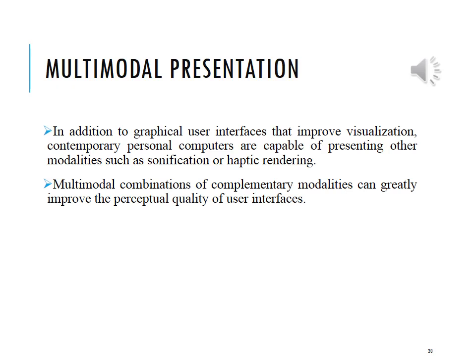So, overall, haptic rendering allows the users to feel virtual objects in a simulated environment. Multimodal combinations of complementary modalities can greatly improve the perceptual quality of these user interfaces.